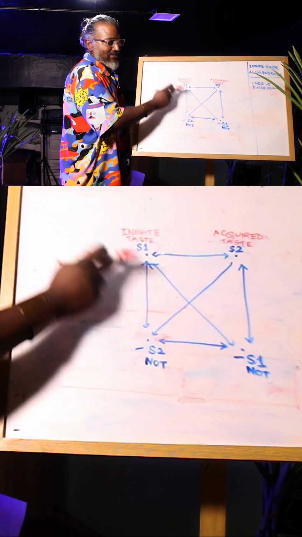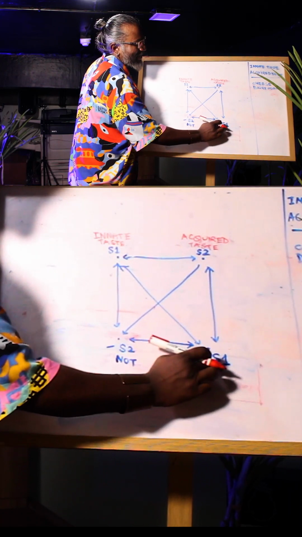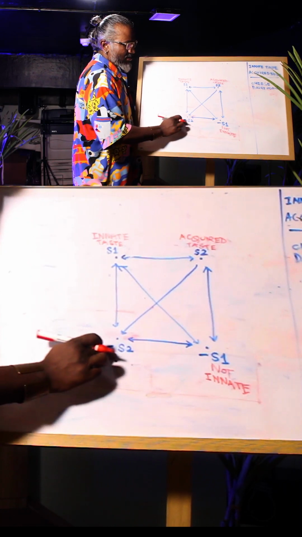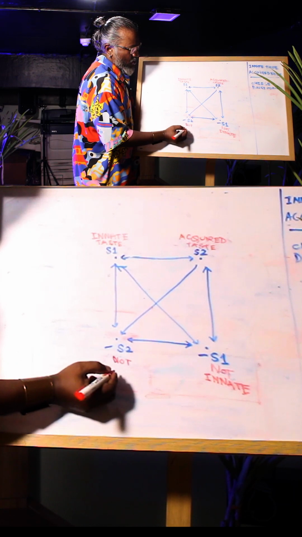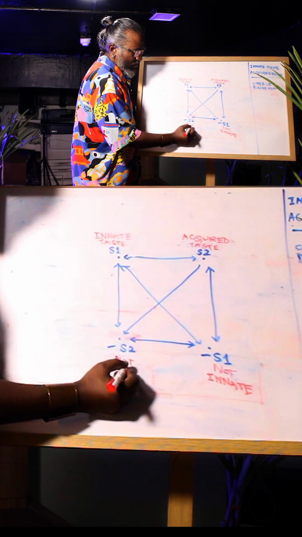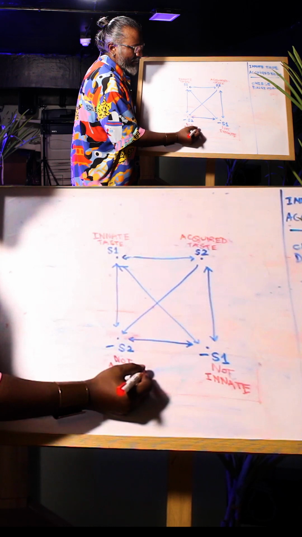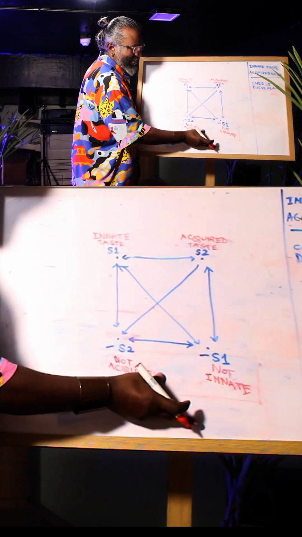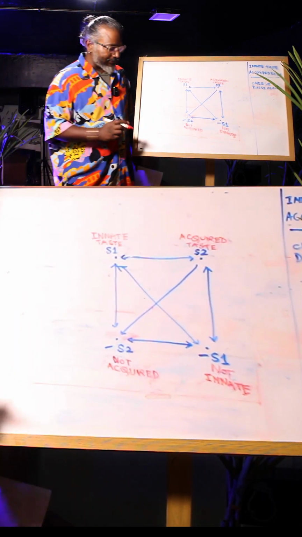So the contradiction of innate taste is simply to negate it: not innate taste. Likewise, acquired: what is here as minus S2 is not acquired. When I say not acquired, it could be circumstantial, it could be innate, it could be many things, but one thing is sure, it is not acquired. That you need to remember here.